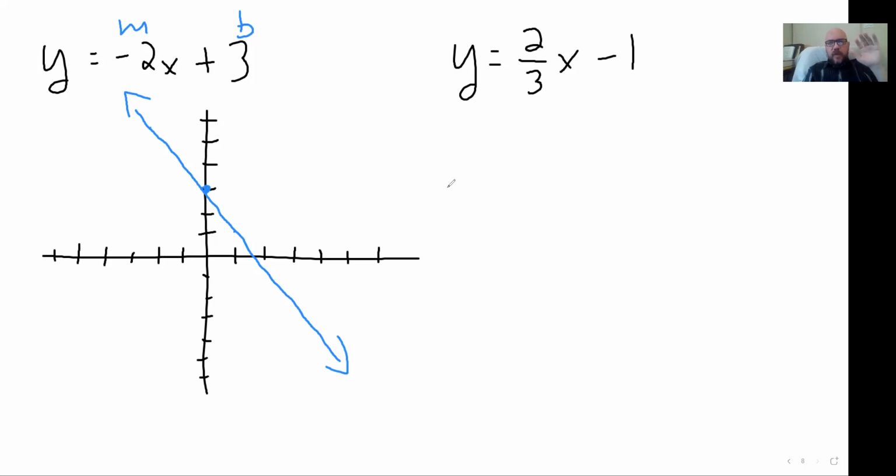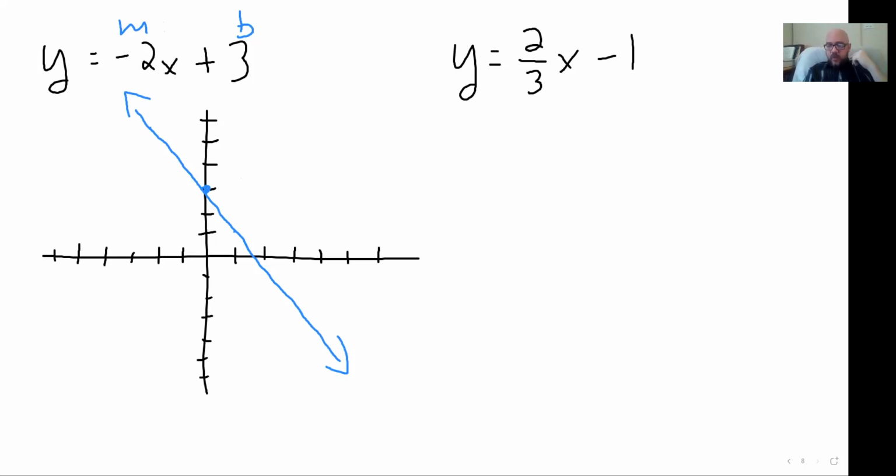I've defined it as the change in y when x increases by 1 unit. Or I said if x increases by 1, y changes by the slope, in this case goes down 2, right? We go 1 in the x direction and down 2 in the y direction. And that is a correct definition.